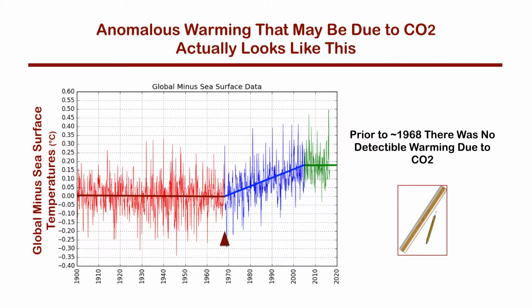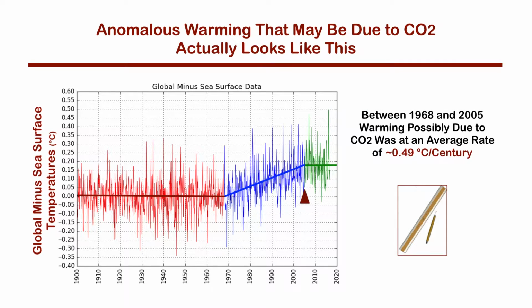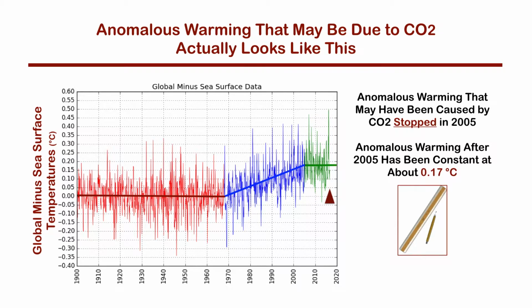So what we found is that prior to 1968, there was no detectable warming due to CO2. Between 1968 and 2005, warming possibly due to CO2 and other greenhouse gases was occurring at an average rate of about 0.5 degree centigrade per century. But after 2005, the warming stopped. It reached a value of about 0.17 degrees centigrade and stopped, and it has been at that level since 2005.